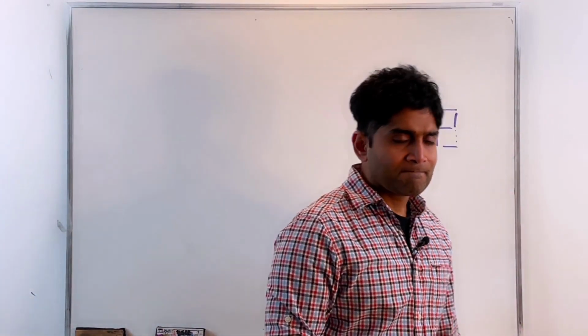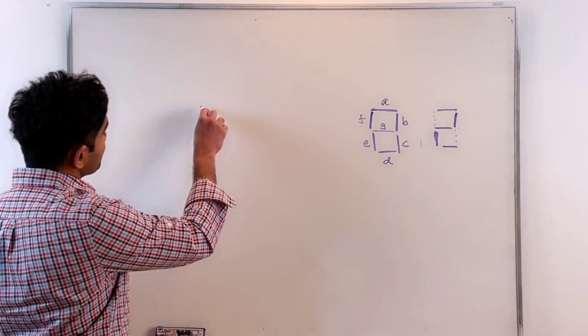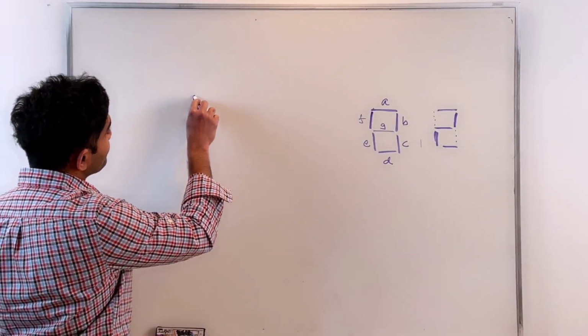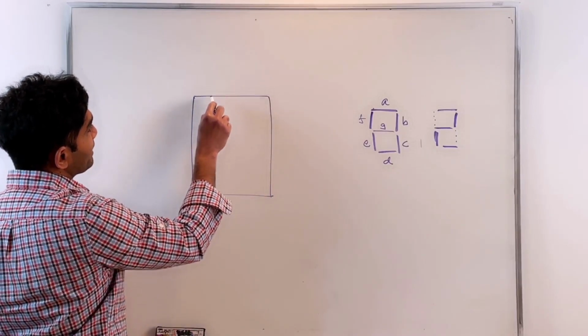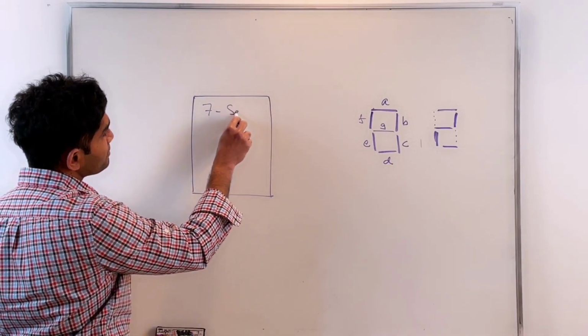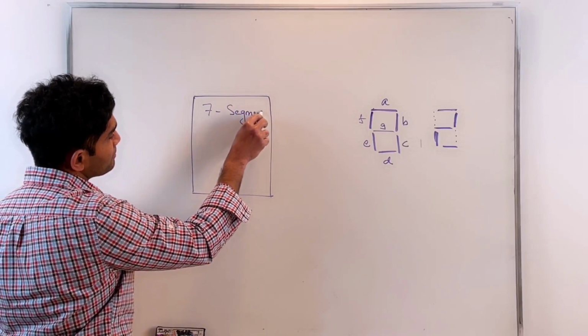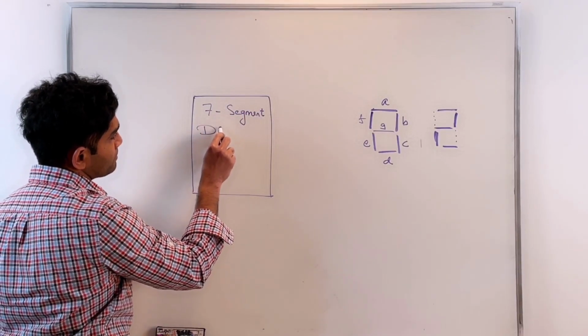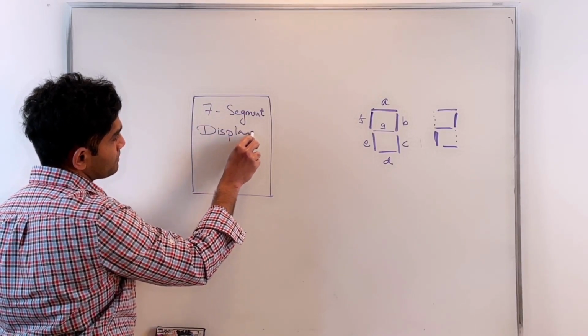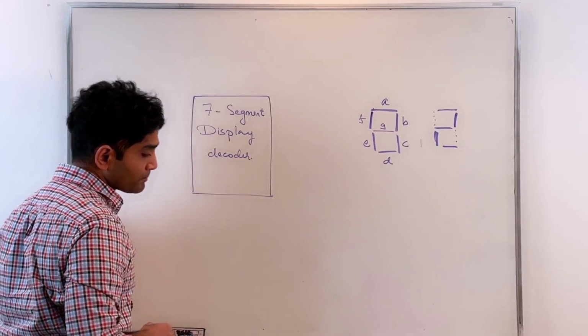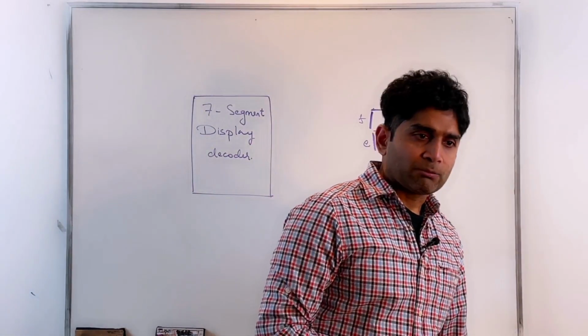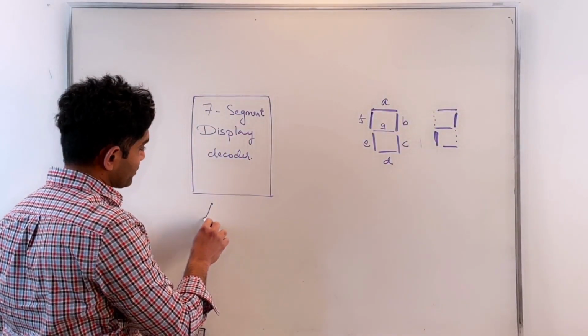Now, this is what I'm going to design. I'm going to design a combinational circuit again, which is called a 7-segment display decoder. I would like to come up with a level 0 diagram for this.